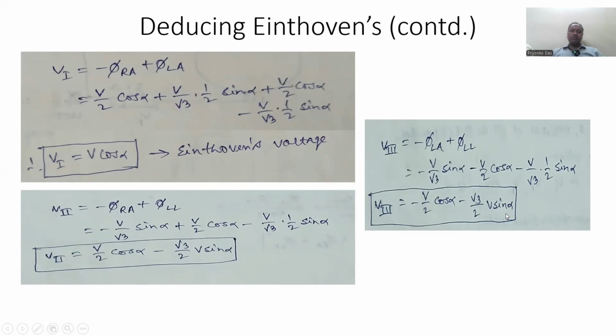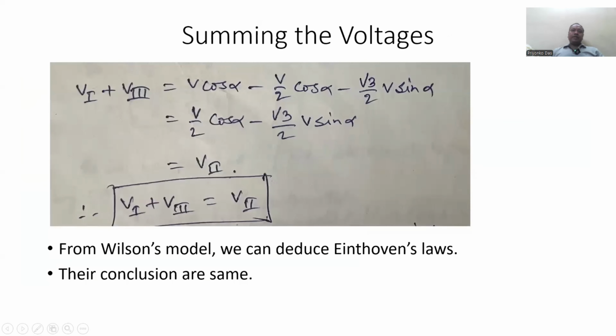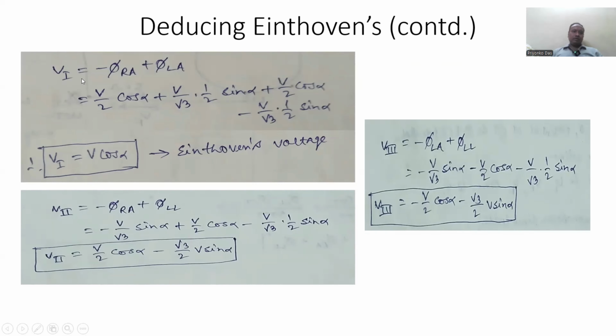This is exactly the value of Einthoven's V3 voltage. So these voltages have been deduced by Wilson's centric dipole model.